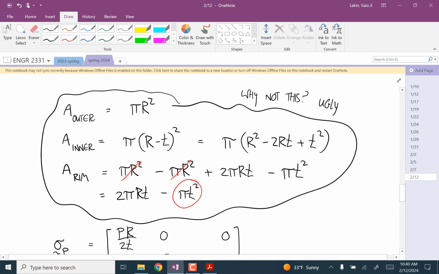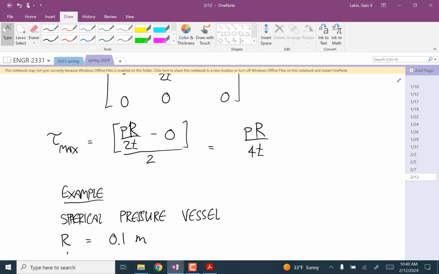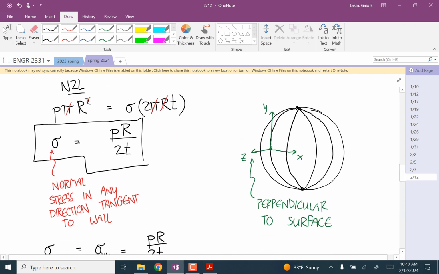So remember, once you have that principal stress tensor, this is the principal stress, this is the principal coordinate system, okay? And you have the principal stresses corresponding to that.